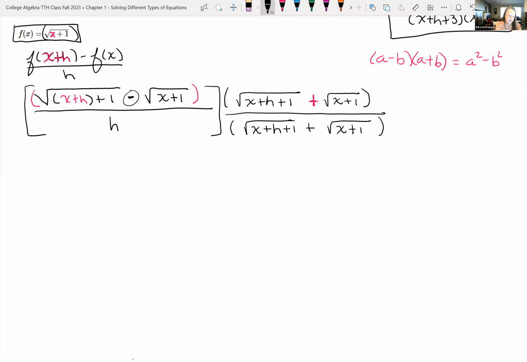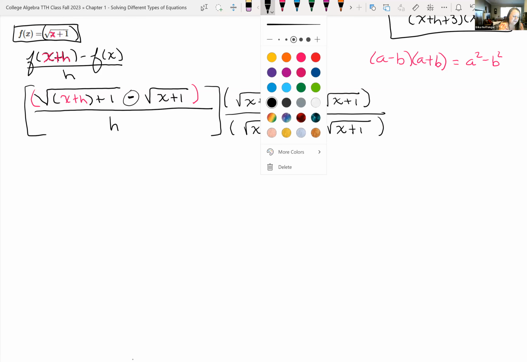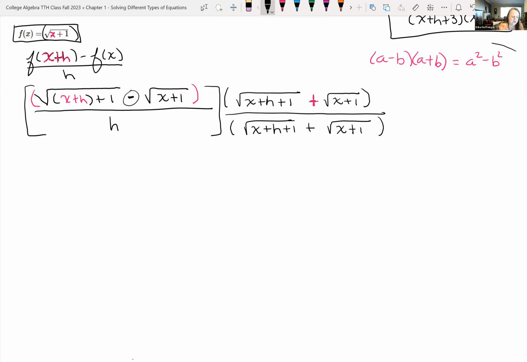So I could go here and I could distribute out and combine like terms, or even easier yet, we can use this rule. We're multiplying by the conjugate. The first term and the last term are the same in each of those binomials. So I can take this x plus h plus 1, and I can square it.